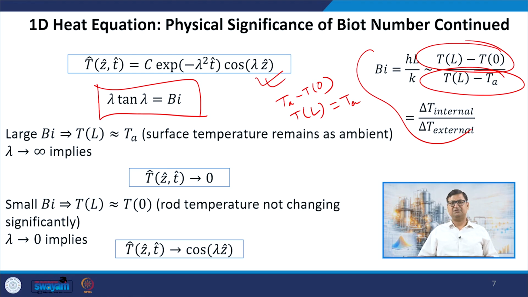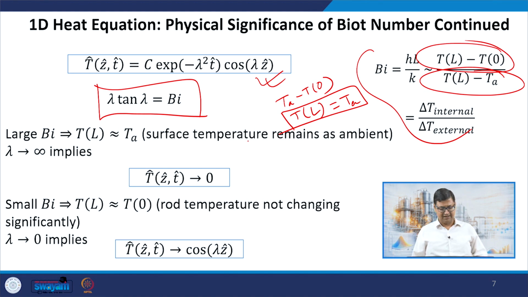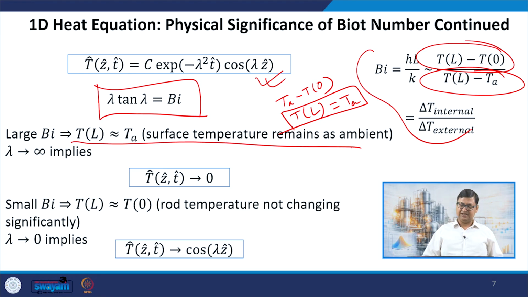So when the surface temperature TL becomes equal to Ta, that's when the Biot number goes to the maximum possible value, that is infinity, more or less, right? So that is my large limit, and if I plug it in there, Bi goes to infinity, lambda goes to infinity, and my T cap goes to 0.